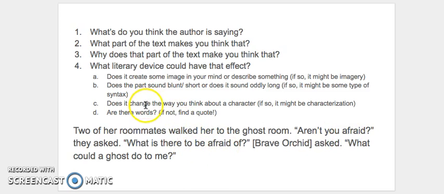But the third question, does it change the way you think about a character, is probably more useful, because it alters our understanding of the qualities of Brave Orchid because she's portrayed as more courageous when she says, "What is there to be afraid of?" So in this case, we would say that she's characterized as either courageous or fearless, and we could use that in our discussion of bravery.